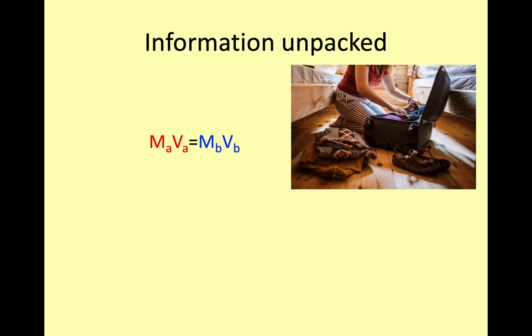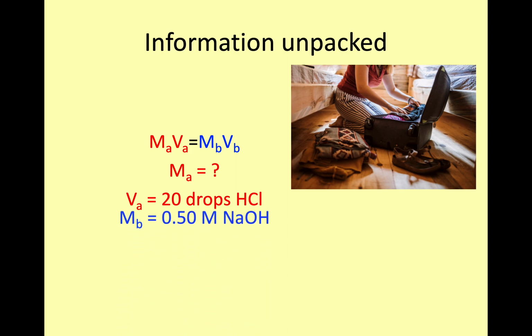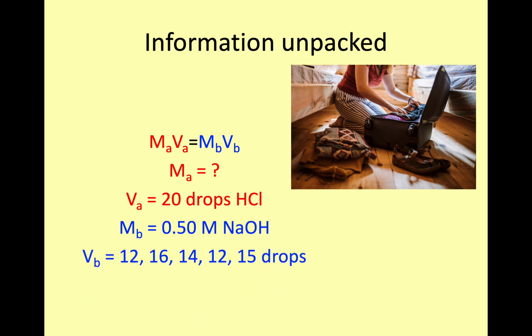Anyways, the information is now unpacked. We're going to use this equation, and we're looking for the molarity of the acid. We know the volume of the acid is 20 drops of HCl, we know the molarity of the base is 0.5 molar NaOH, and we know 5 different volumes.